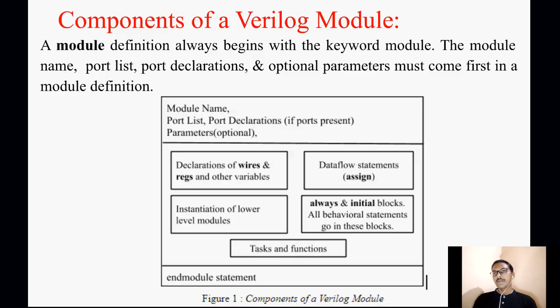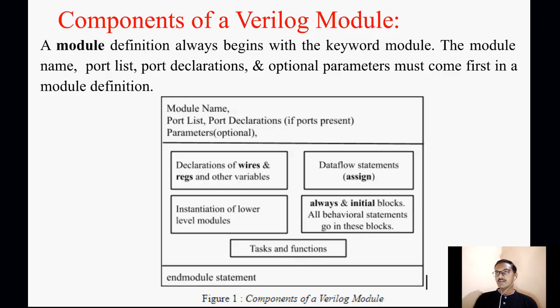Now this is the module declaration. The module declaration starts with the keyword module, then the module name, then the port list, then the declaration of the ports. After that we have to declare the wires or the registers, and other variables. If you define a particular terminal as a wire, it will hold only the current value of that variable.